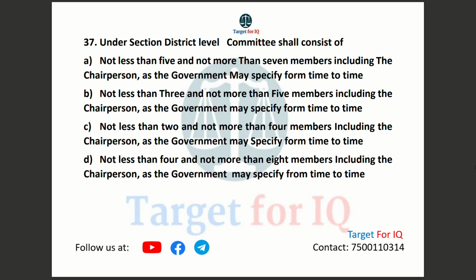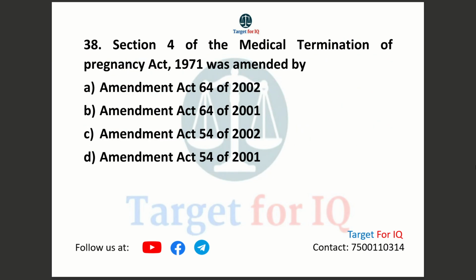Option C, not less than 2 and not more than 4 members including the chairperson as the government may specify from time to time. And option D is not less than 4 and not more than 8 members including the chairperson as the government may specify from time to time. So the correct answer to question number 37 is option B, that is not less than 3 and not more than 5 members.